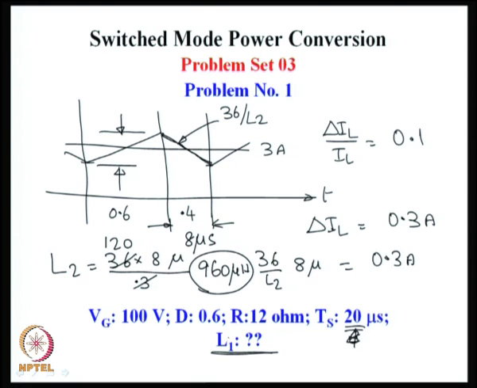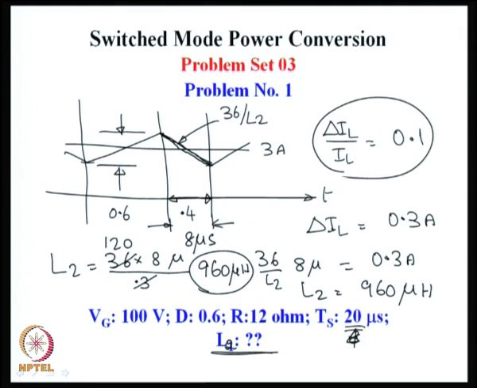Our L2, that is the secondary, the output side inductor, will have a value of 960 microhenry. And this is obtained by finding out what is the di by dt during the off time, what is the duration of the off time, and the assumed ripple current, which is 10% of the total current.